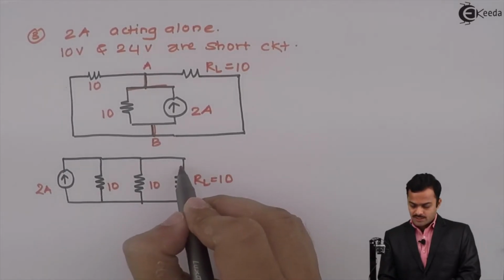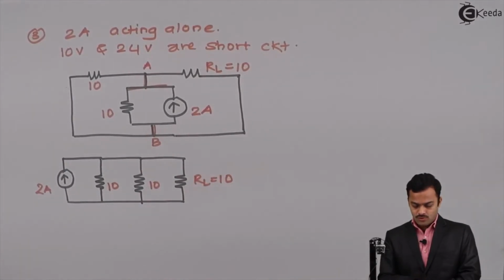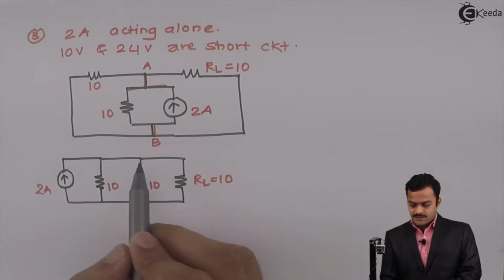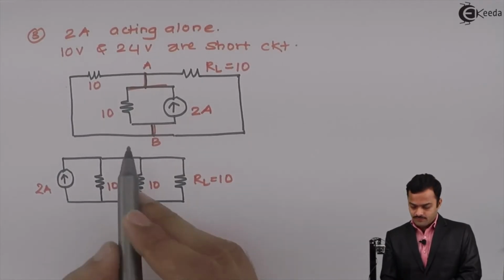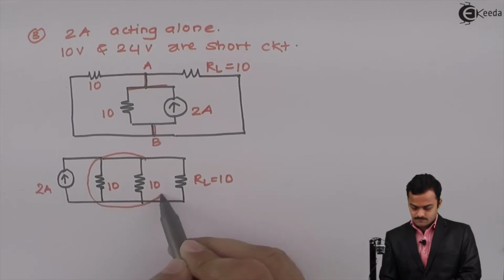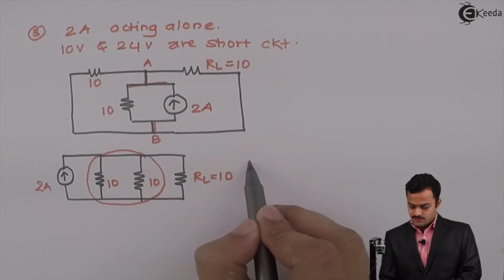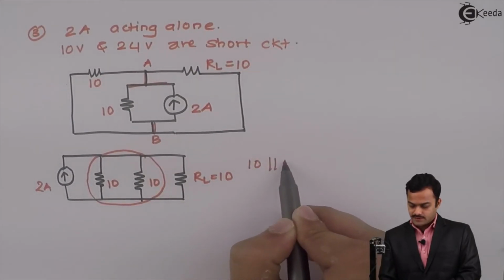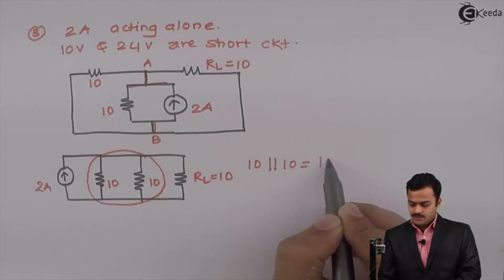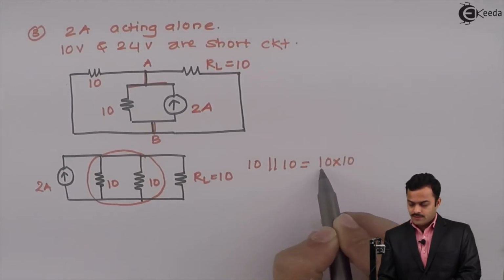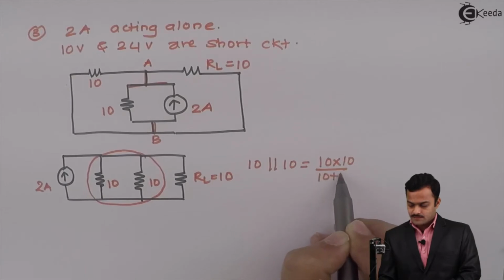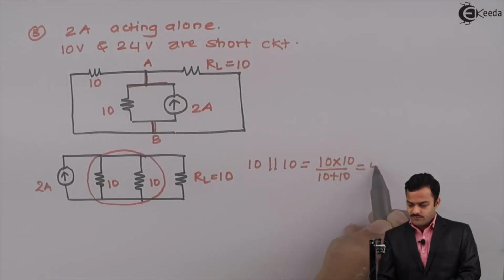Our job is to get the current flowing through this RL. So I will consider a parallel connection of these two. So 10 comes in parallel with 10. The answer will be 10 multiplied by 10 divided by 10 plus 10, which is 5 ohm.